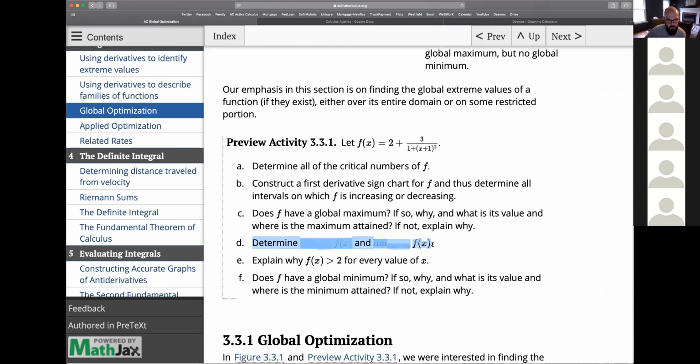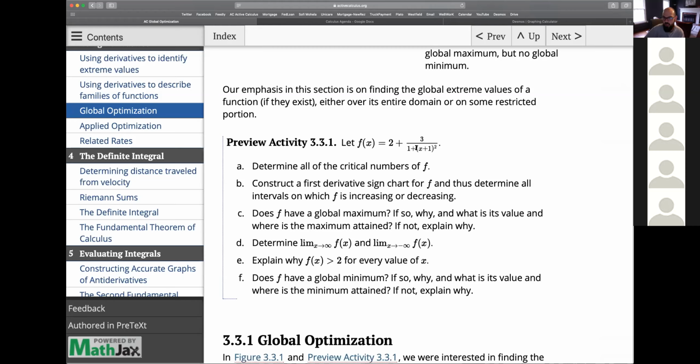Okay, so part D, what happens when x goes to infinity or -infinity? Okay, so when x gets really, really big, one of the things that I want to emphasize here is that we could use the graph and we could see that behavior. We don't necessarily need to. So when x gets really big, let's think about what happens to this term right here.